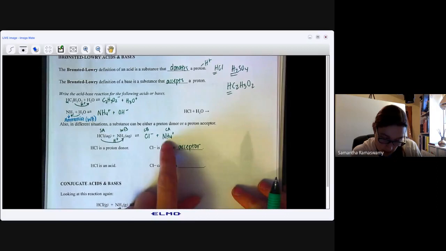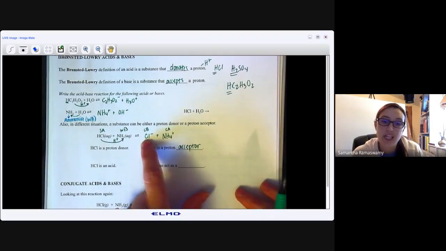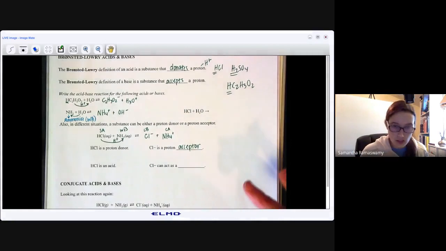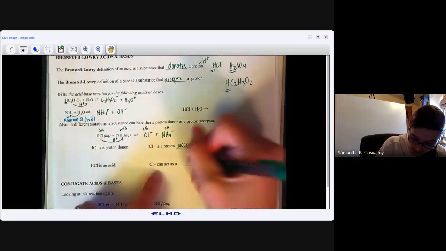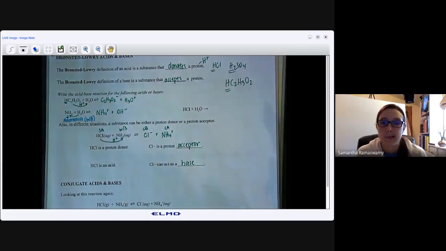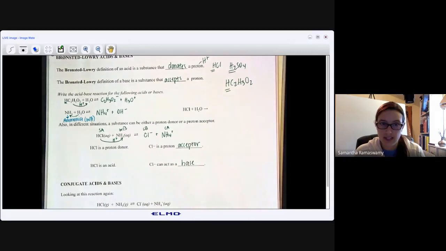NH4 plus would donate its proton to Cl minus. Even though it's a conjugate base, it's still a base. Cl minus is still acting as a base here. So if HCl is an acid, Cl minus can act as a base. So you have an acid on one side, you have a base on the other, and it's conjugate on the other side.